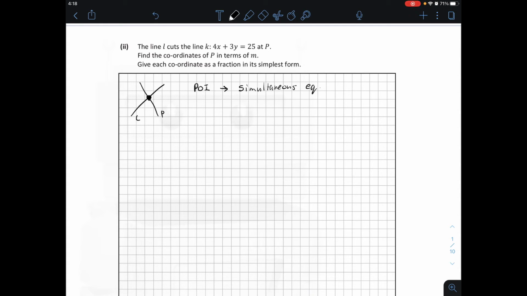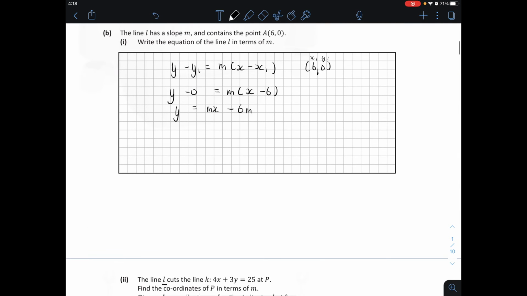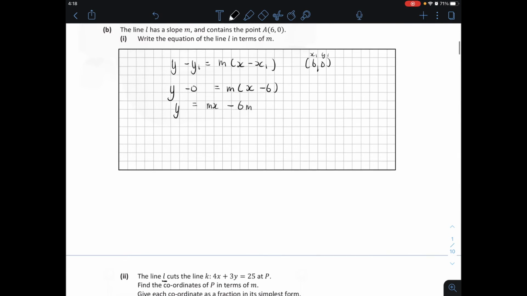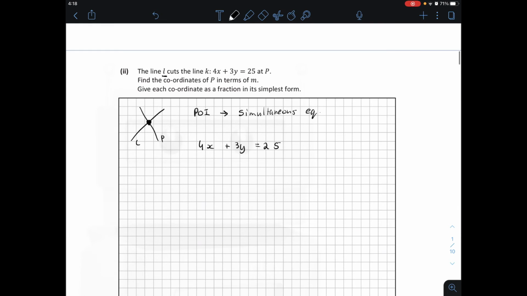Okay, so we know that the equation of line K is 4x plus 3y equals 25. And we have found the equation of line L previously, which is y equals mx minus 6m. So from here, we just have to solve these equations simultaneously to find our two unknown values, x and y.